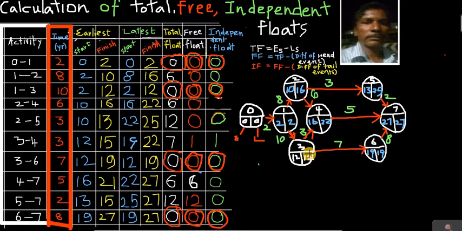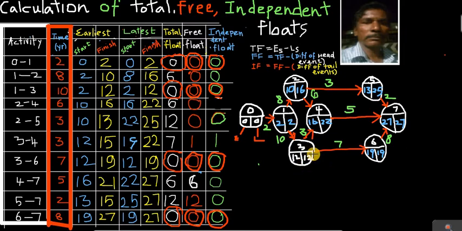Now look at it here. The exact value is 12 minus 10, 2. Therefore the latest start time is 2 and the latest finish time is 12 for this activity, 1 to 3.